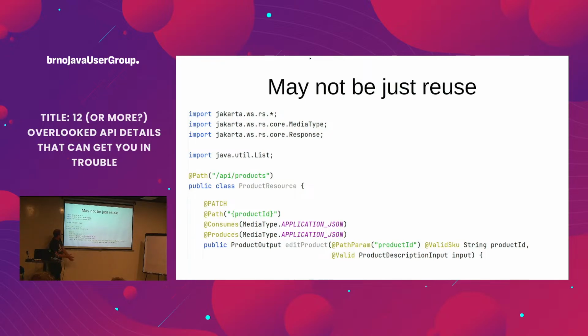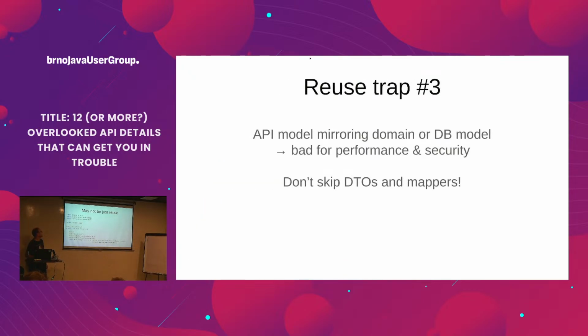I'm not the only author of the book, but okay, I cannot say that I'm not responsible. If we are editing product description, why do we need to return the whole product in the patch method? So yeah, think first, expose things in your API only when you know you need it.